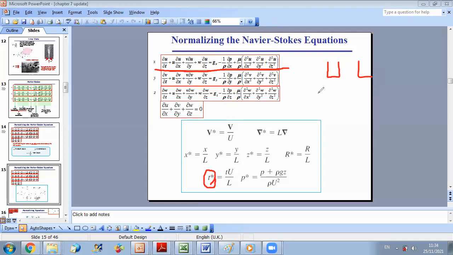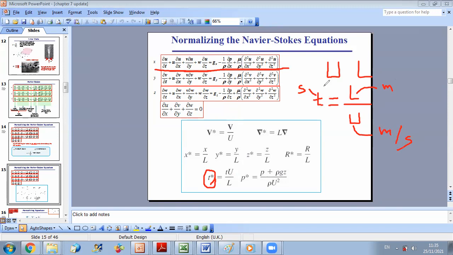And you know that time, we can get it from L over U. Because what is the unit here? The unit is second. If we do L over U, distance over velocity, the dimension for L is a length, so it's meter, and the unit for U is meter per second. So when we divide L over U, we get the unit of time.